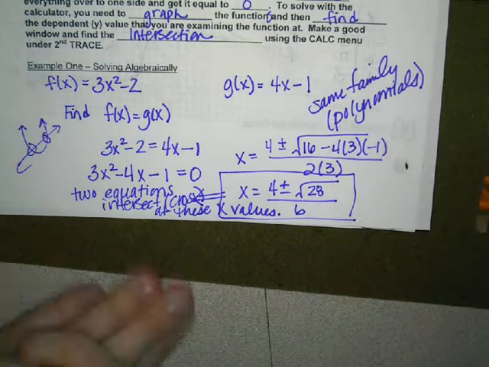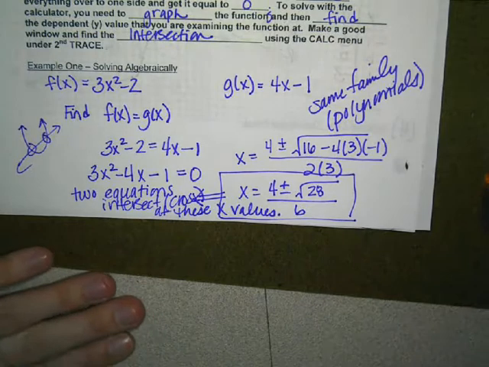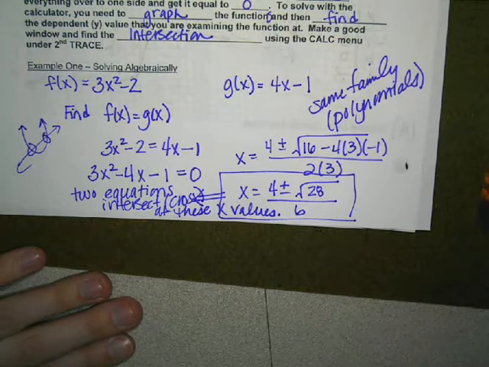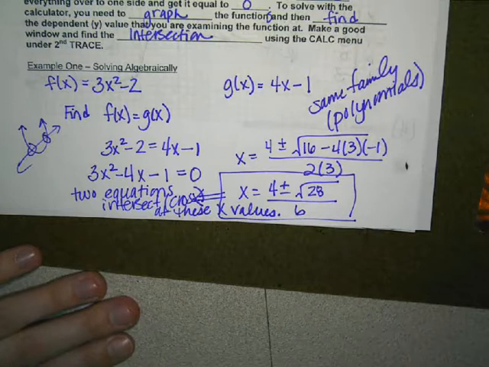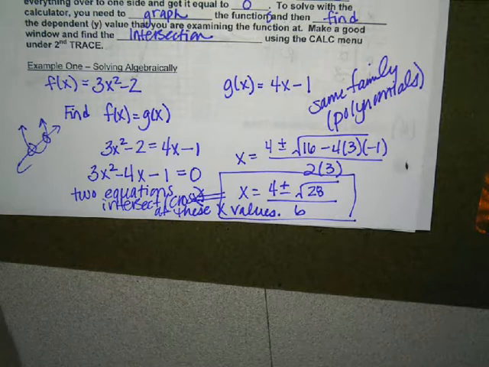Now, why would this be helpful to know? Well, there's lots of times when you have a real life situation and you have two functions that represent the same situation. We did this in Algebra 1 with systems of equations where maybe you're making up a bag of cereal or something, and you have so many pounds of raisins that you're going to use and so many pounds of granola.